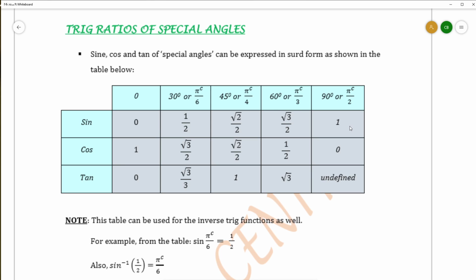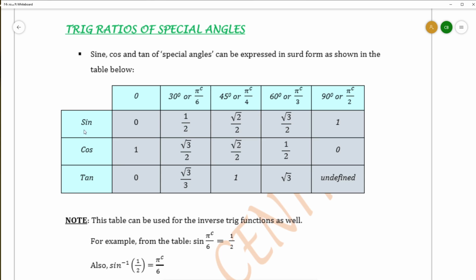If we are working out sine, cos, and tan of any angle in our calculators, it is important to note that the mode of the calculator affects your answer. So if we are working out sine of 30 degrees, your calculator must be in degrees mode. If your calculator is in radians mode, then you will not get the correct answer.